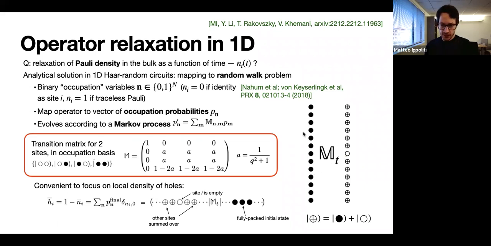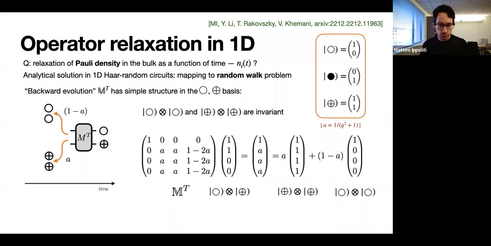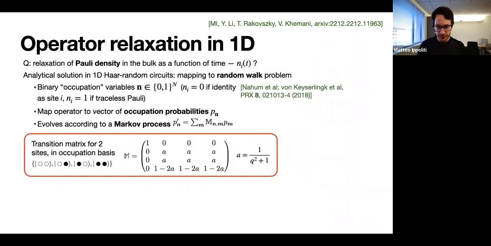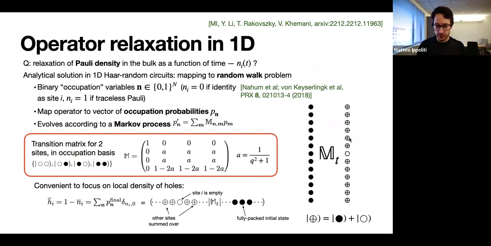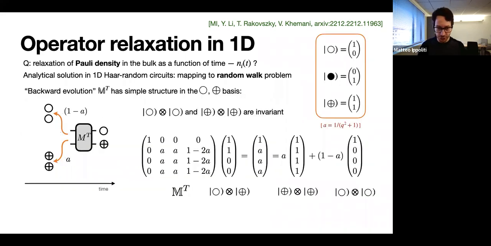So this is the big many-body diagram we want to compute at the end of the day, and to do so, we note that this has a simple structure. Let me go back to it. If we start from the back and evolve backwards, in the plus and identity variables, this has a neat structure that I discuss here. In particular, imagine an infinite domain of identities that is, of course, invariant because of this column here.